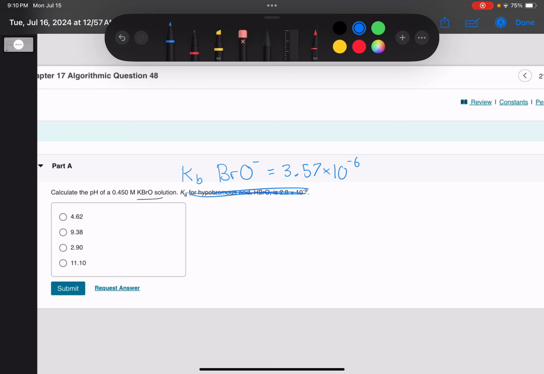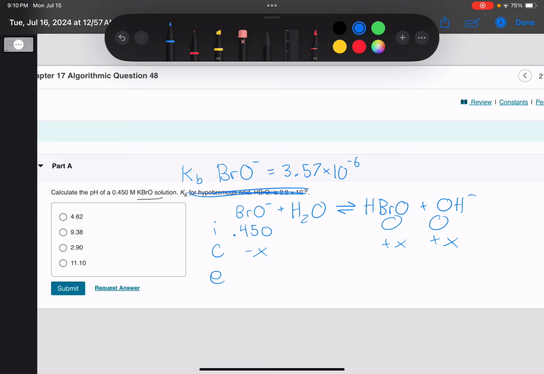So I'll go ahead and do it just so that anybody who wants to can see another example of one of these. So the reaction is BrO minus plus water forms HBrO plus OH minus. Okay, so we set up our ice table, 0.450 minus X, plus X on both of those. Thankfully, the K is small enough so we can just ignore this guy.